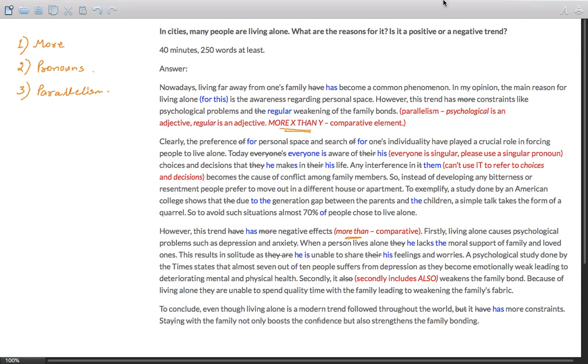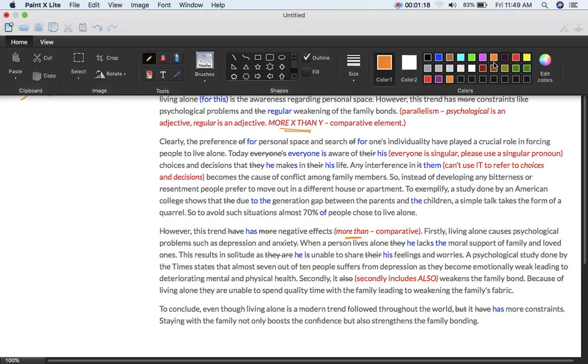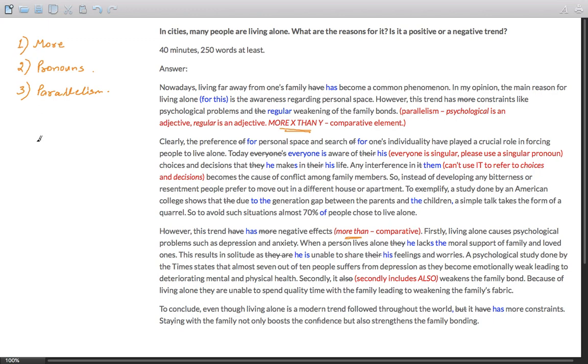Let us come to the first one, which is more X than Y. The word more can be used in two senses. It can be used in isolation or it can be used in comparison, the relative thing. What is the use in isolation? If I tell you, do you want more sugar? So it's a question, and it's in isolation.